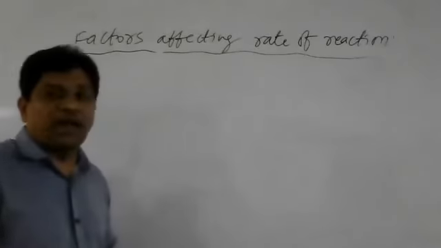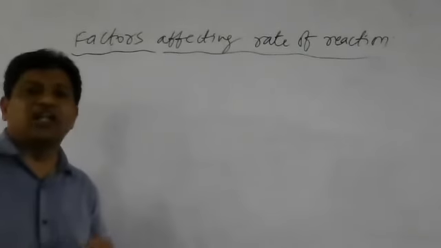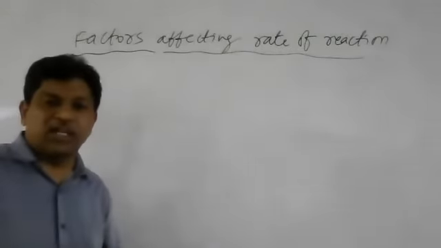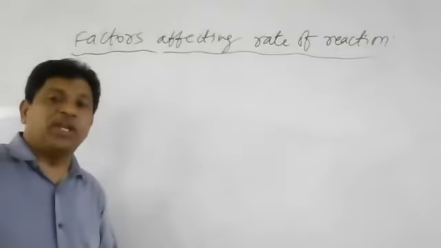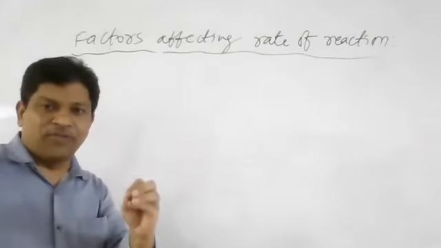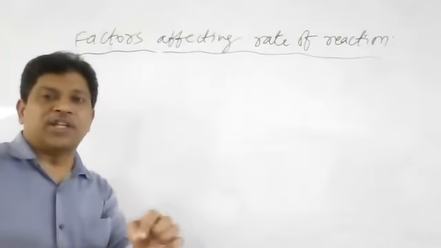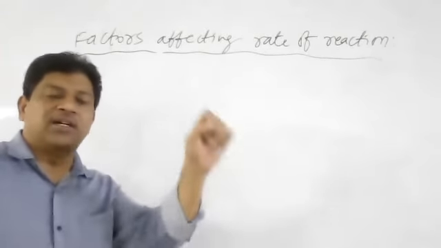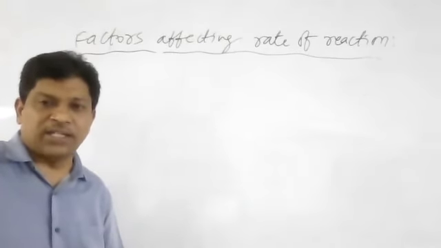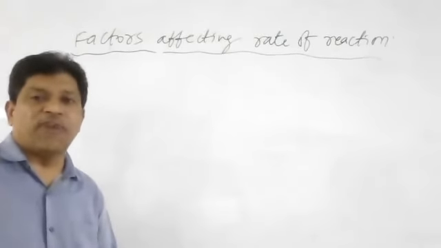There are many factors which influence the rate of reaction. The speed of reaction is influenced by many factors. That means the decrease in the concentration of reactant or increase in the concentration of product, that is the rate of reaction, can be controlled by many factors.